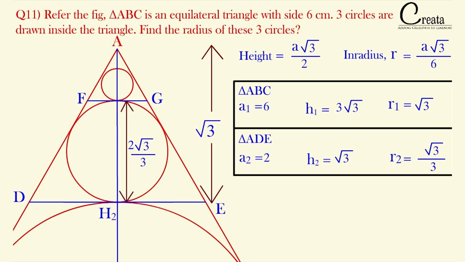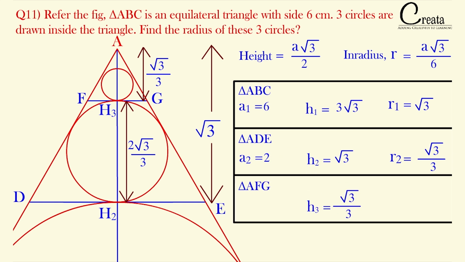Okay, that is twice the radius. And we know the height AH2, that is this complete length, is √3. So can we calculate the height of this small triangle, that is AH3, as √3 minus 2√3/3? So we got the height of this topmost triangle as √3/3.